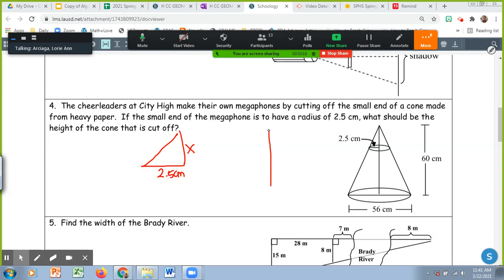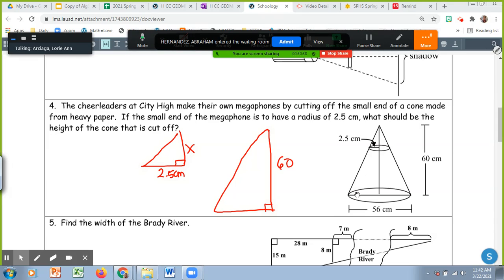Well, in the big cone, you see how I'm drawing this similar triangle over here. They're similar because they both have right angles at the bases. Now my pen stopped writing. There you go. And then they also share that tip point over there. Now this is 60, but the diameter.